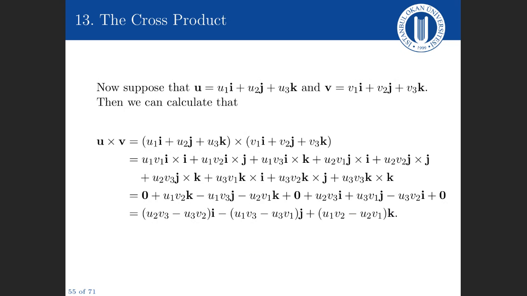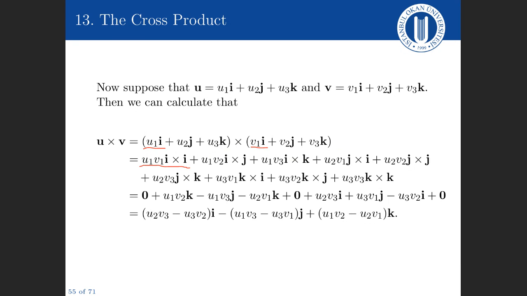Now we're ready to calculate u cross v for general u and general v. I'm going to do u1 i plus u2 j plus u3 k, cross v1 i plus v2 j plus v3 k. We multiply these out in the obvious way. First of all, u1 i cross v1 i gives u1 v1 i cross i.